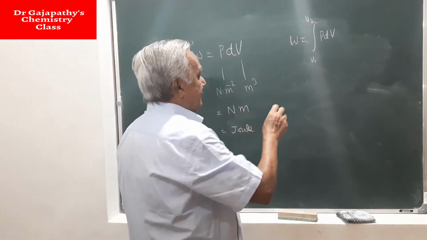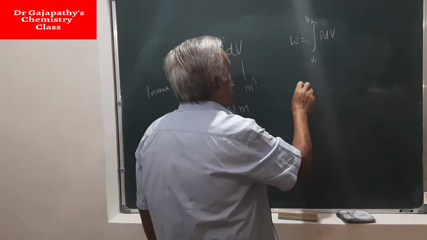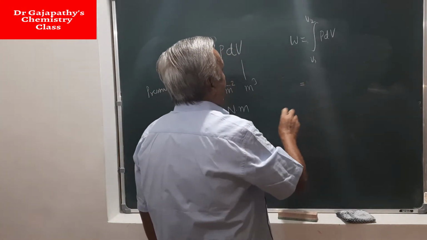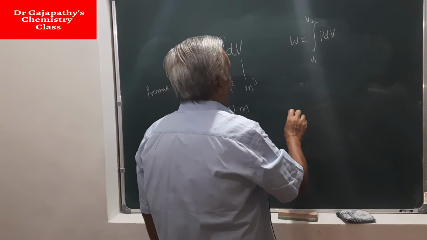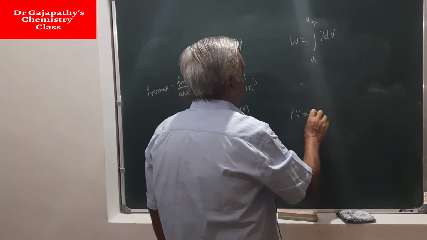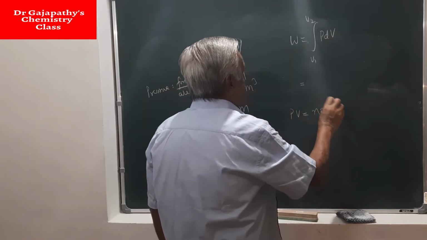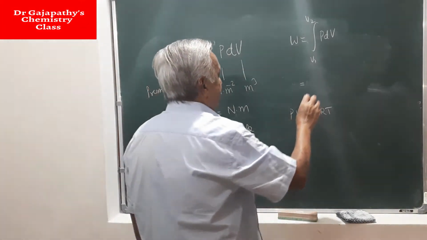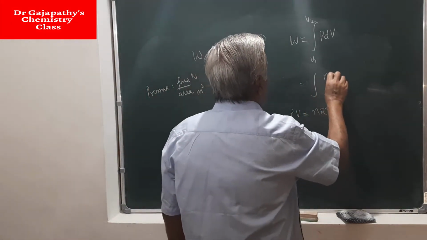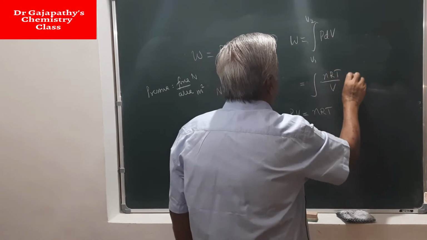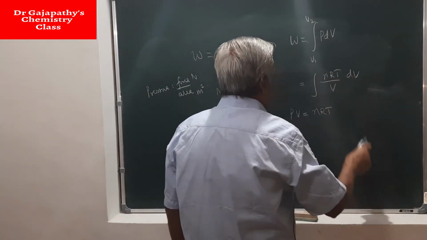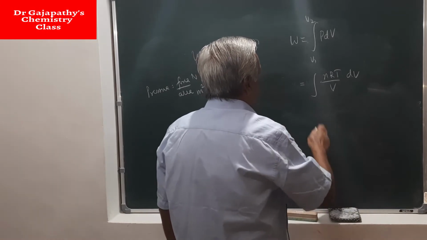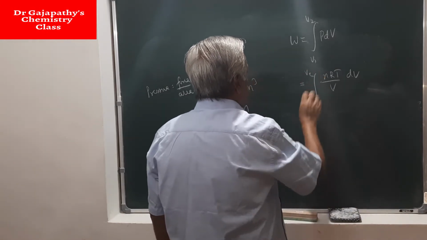You know that according to the gas equation, PV equals nRT. So I can say it is nRT by V into dV from V1 to V2.